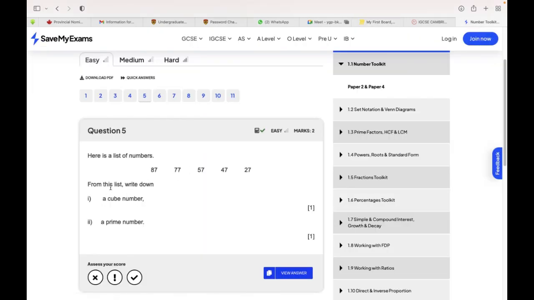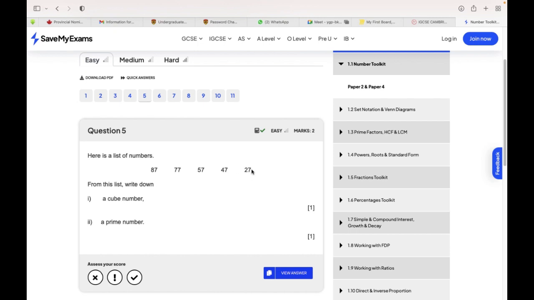The question says, from the list, write down a cube number. Now, we passed 88. We passed 87; we didn't see any number that if you raise to the power of 3, you get 87. We passed 77; we didn't see any number that if you raise to the power of 3, you get 77. We didn't see any number that gives us 47.